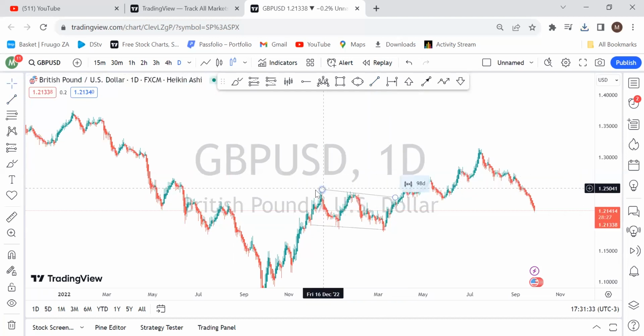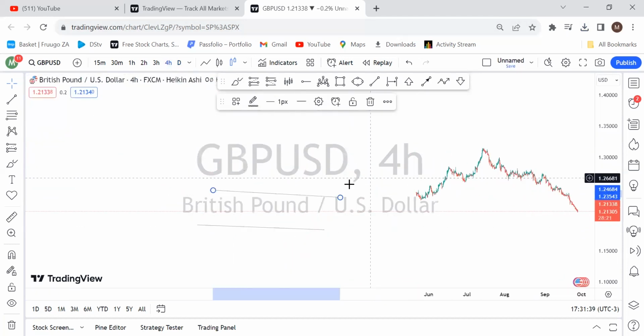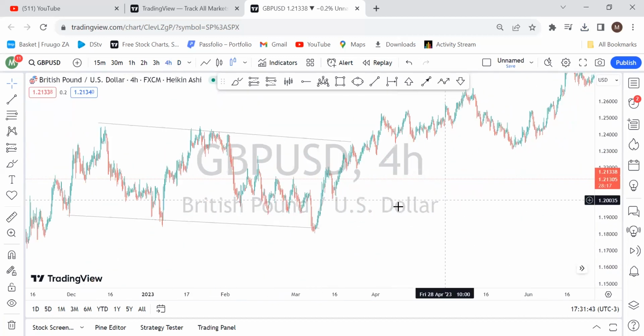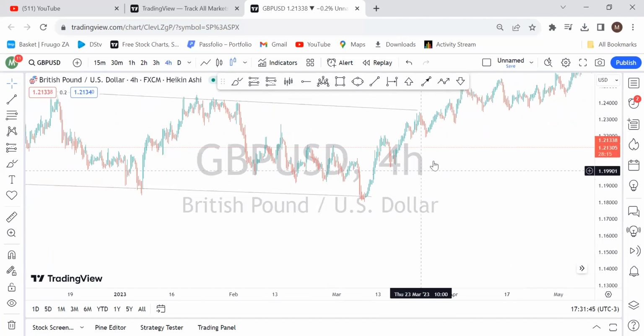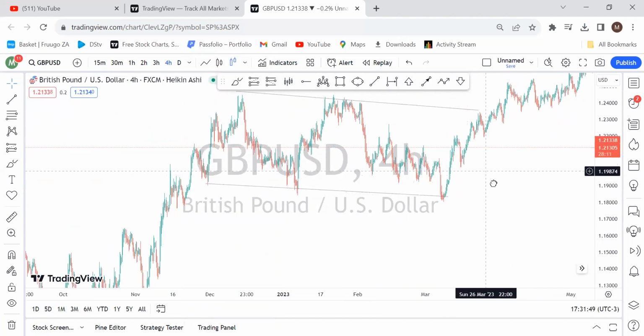Remember, when we're dealing with buys, we focus more on the support. So I'm going to scale down to the 4-hour time frame so we can count the number of touches on our support.